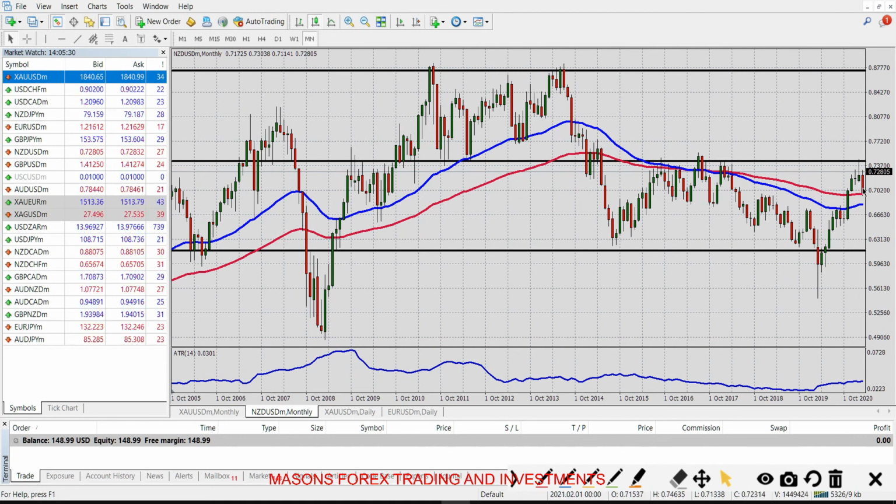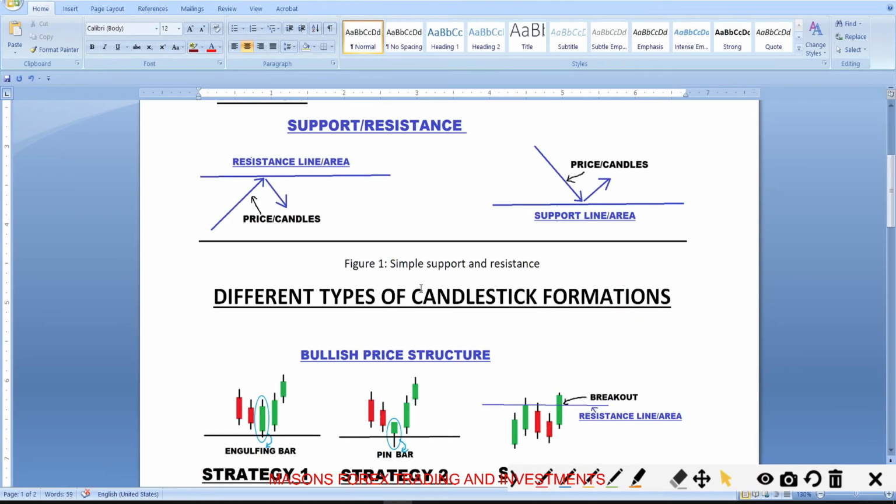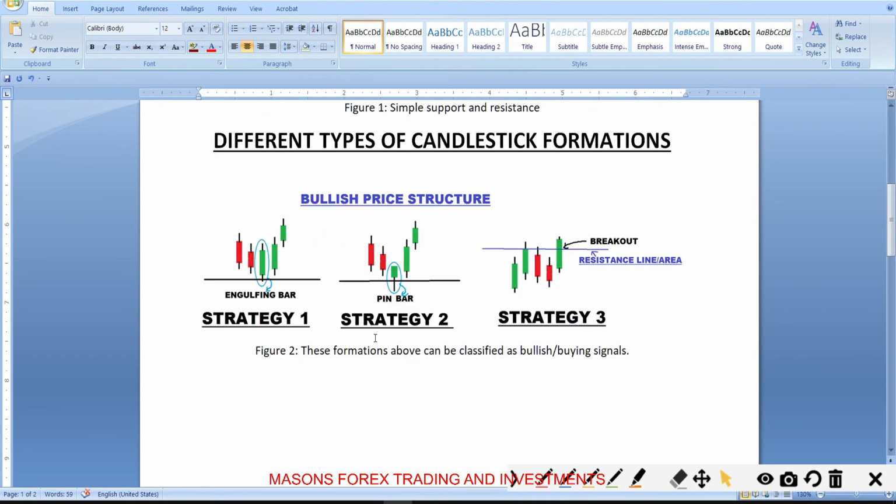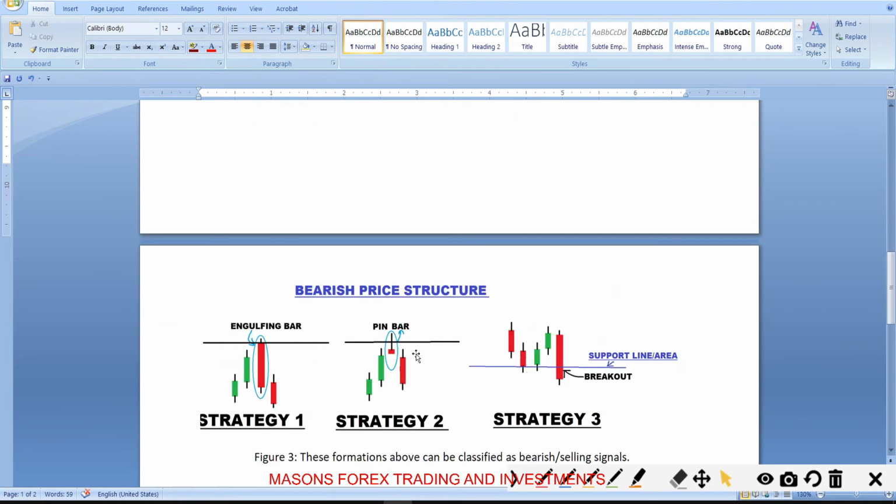By looking at this chart, seeing this rejection bar and engulfing bar, which looks identical or very similar, would have been a very nice setup. So it would form or be very similar to the pin bar or strategy 2.